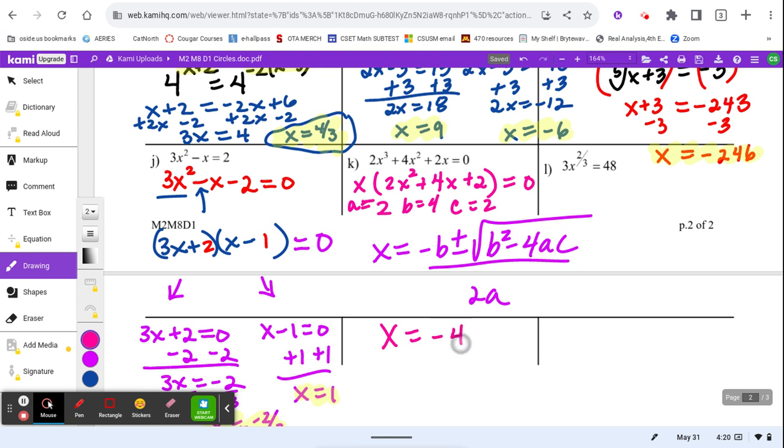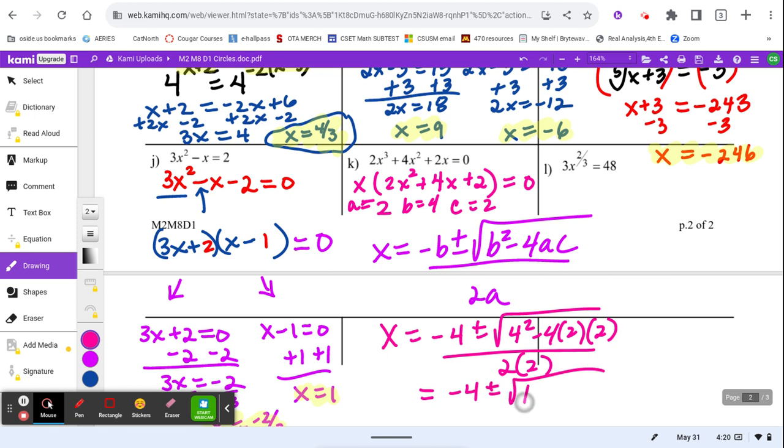But here we go. Negative 4 plus or minus square root 4 squared minus 4 times a times c all over 2a. Four times 2 is 8. 8 times 2 is 16.